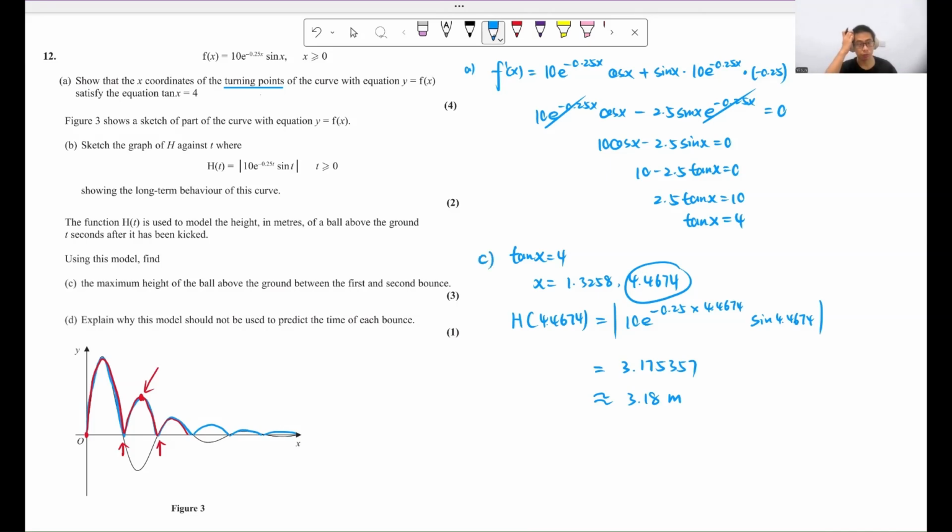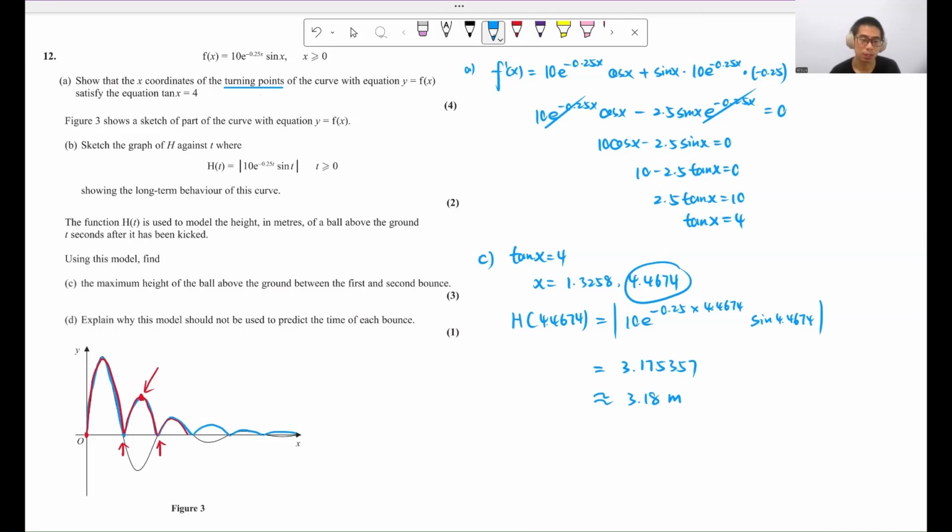And then for part D, explain why this model should not be used to predict the time of each bounce. To find the turning point we just solve the tan x equals 4 equation, and you can see it's just plus pi each time.